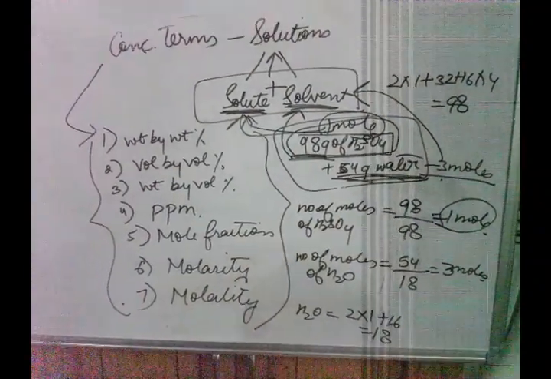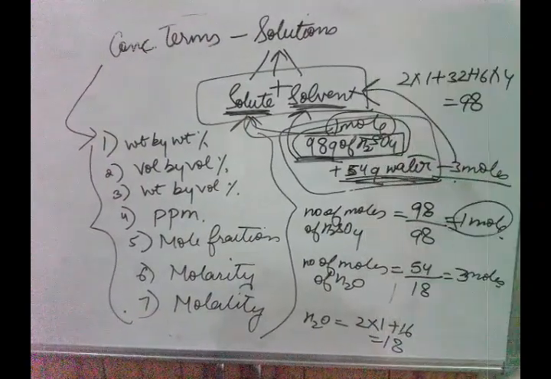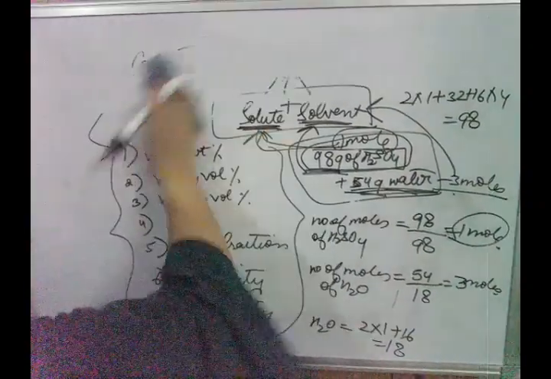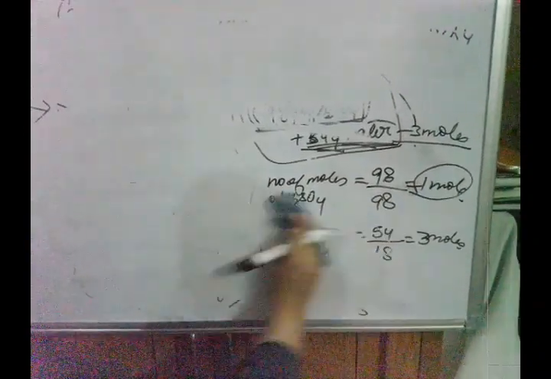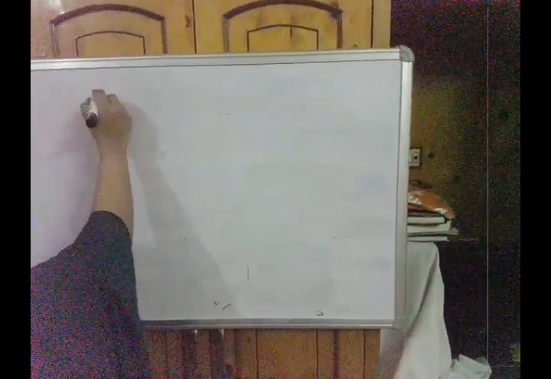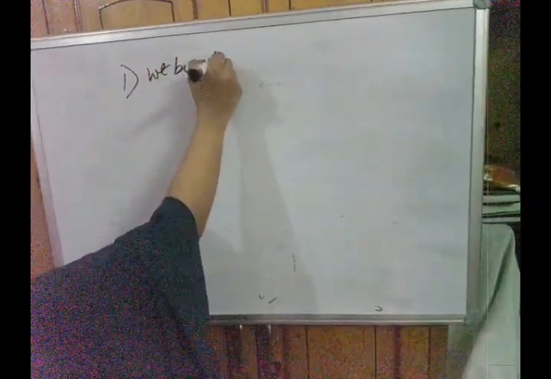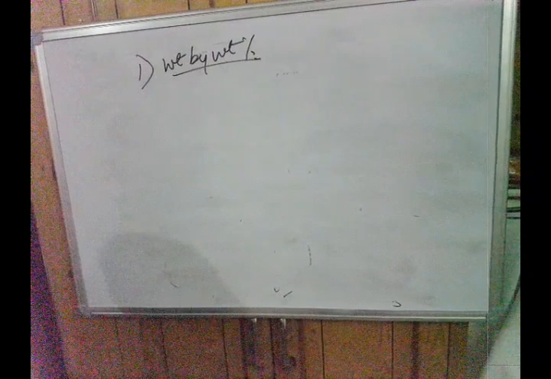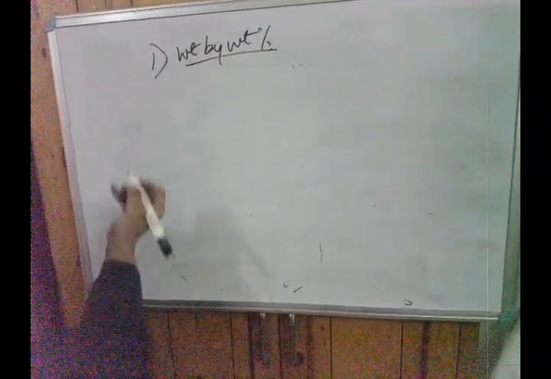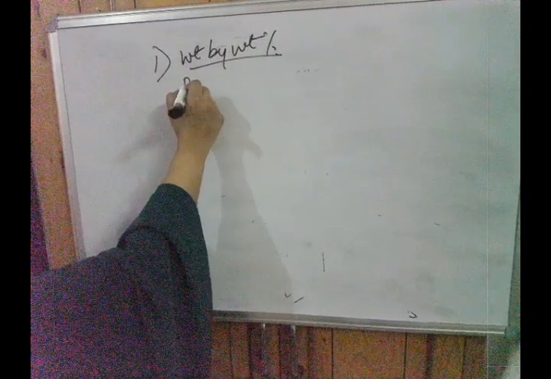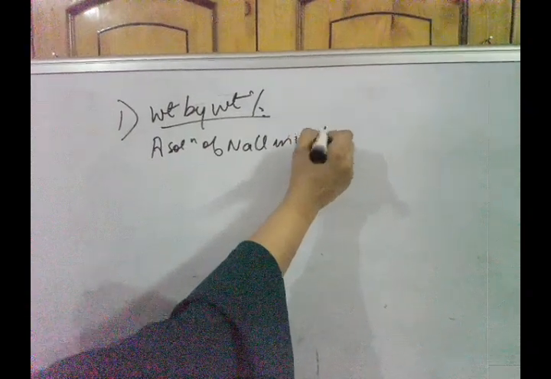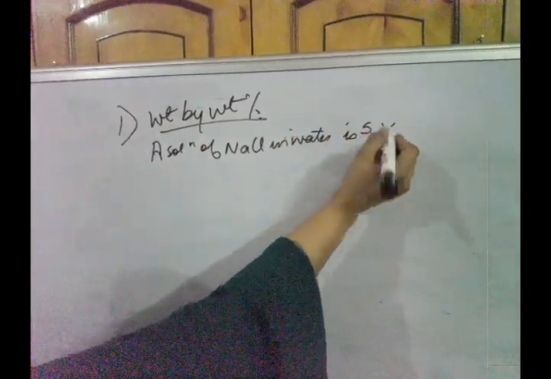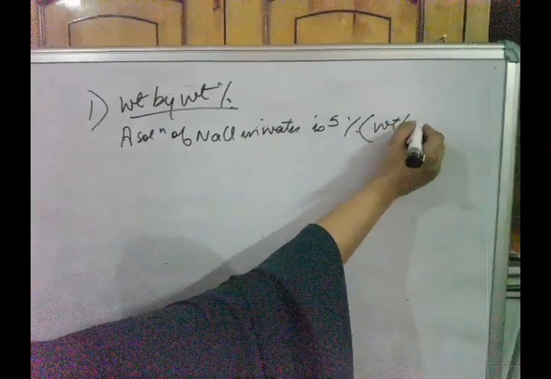Now the next thing, our first concentration term, that is weight by weight percent. By this weight by weight percent, we would understand it, for example, a solution of NaCl in water is 5% weight by weight.